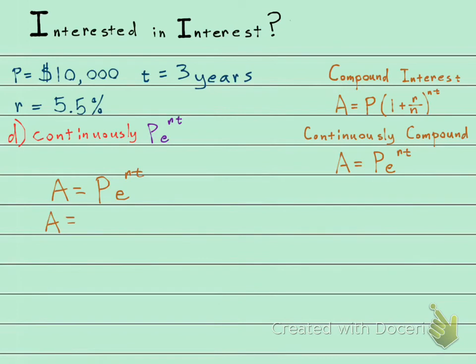All right, so my amount is my principal, which is 10,000. And then E to the power of my rate, which is 0.055, and my number of years, 3 years. All right, let's get the calculator ready. First, let's do this. 0.055 times 3.